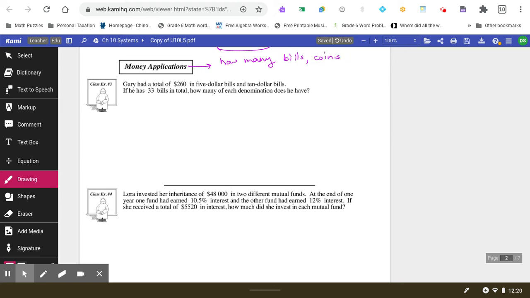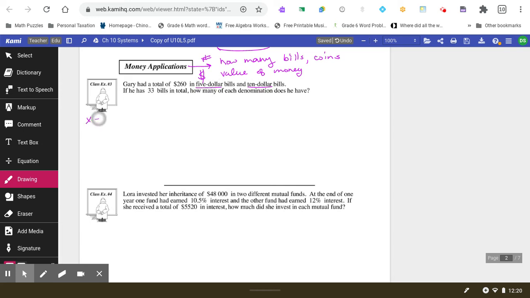And one equation will be the value of your money. So one will be about the number and one will be about the actual value of the dollars you have. All right, so in this case, we have $5 bills and $10 bills.